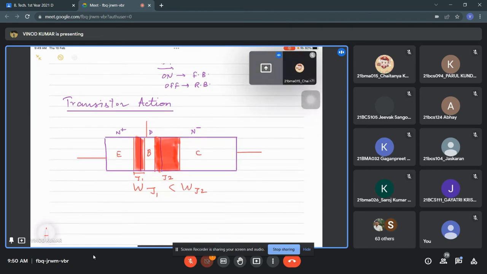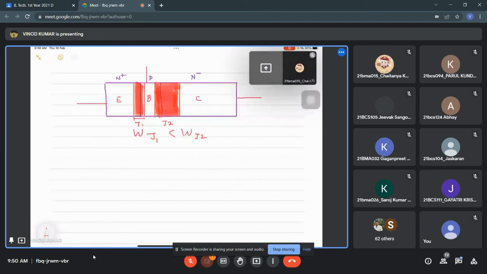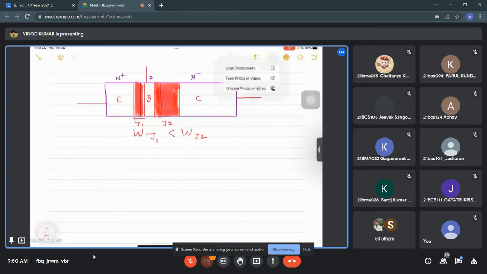Okay. And if we see these three, अगर इसकी बात करें in terms of, let me take a photo of this.